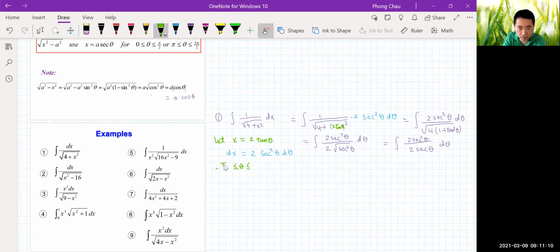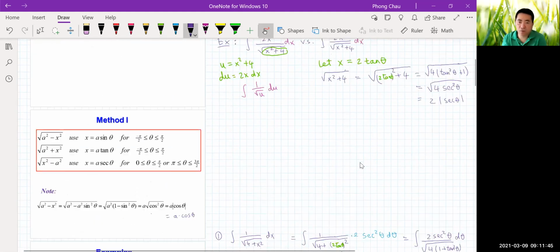So that is the first and fourth quadrant, which means the cosine is positive, so secant is positive. All right, so from here, you can see there's some cancellation, and we're left with just secant theta.